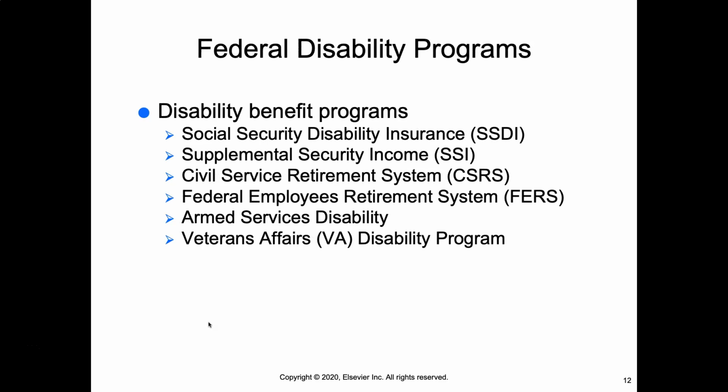Disability benefit programs. There are several here. There's Social Security Disability Insurance, SSDI, and then there's Supplemental Security Income. Those two are probably the most common that you'll hear about. The rest are related to federal people, such as civil service, federal employees, armed services, and veterans.